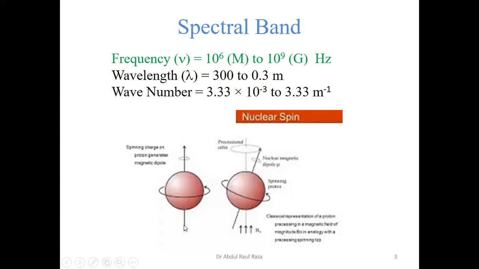In other words, if it has a nuclear spin in this direction, we revert this nuclear spin in this direction. If it is upward, it rotates downward. If it is downward, it rotates upward. This is what we call a very simple resonance, nuclear magnetic resonance. This is the basic principle.